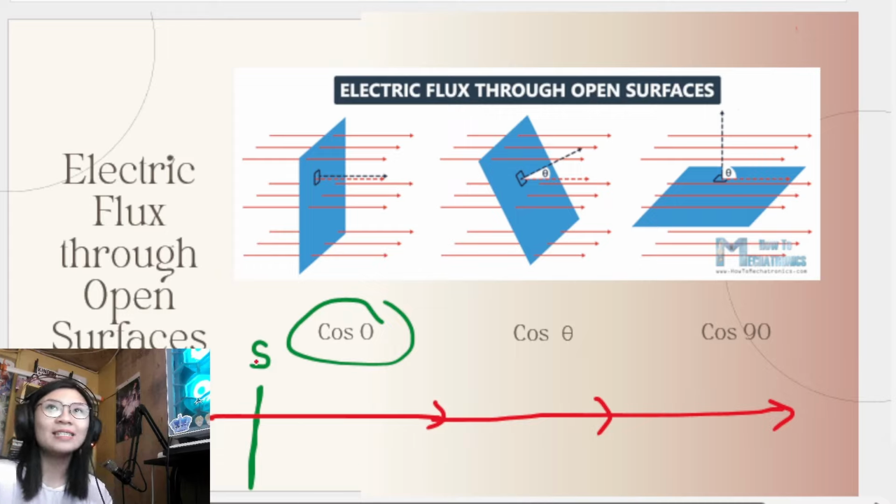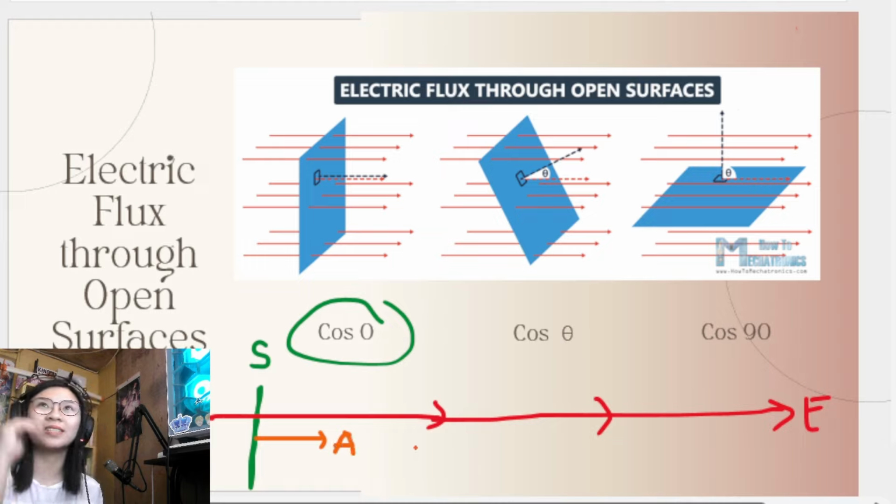Your S is perpendicular to your E. That is your E, the electric field lines. Since your S is always 90 degrees with your A, that is your A, A and E are parallel. When they are parallel, the angle between them is 0. Now, cosine 0 is 1.